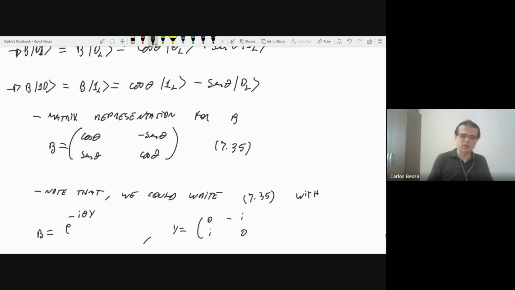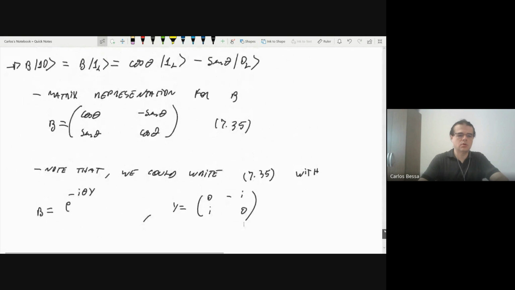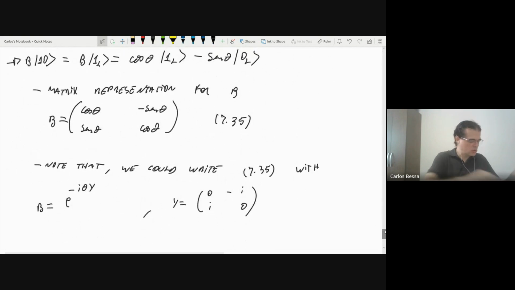This is the matrix representation for this guy. You can see this directly by just expanding the exponential, and you can write it in terms of a matrix.